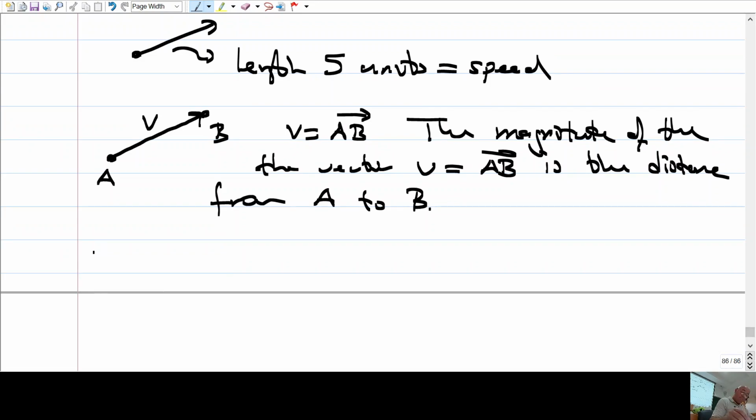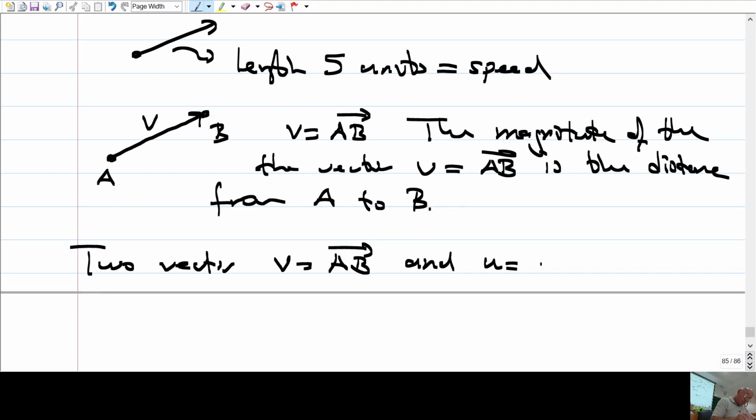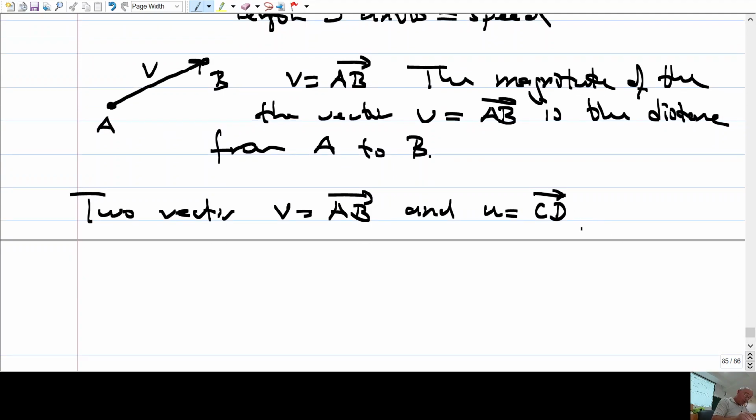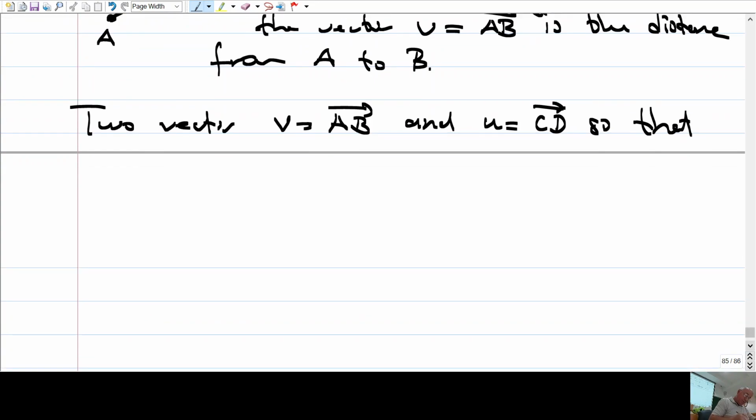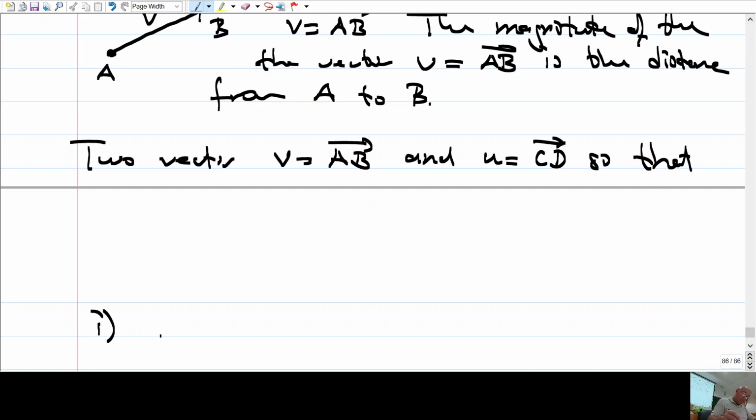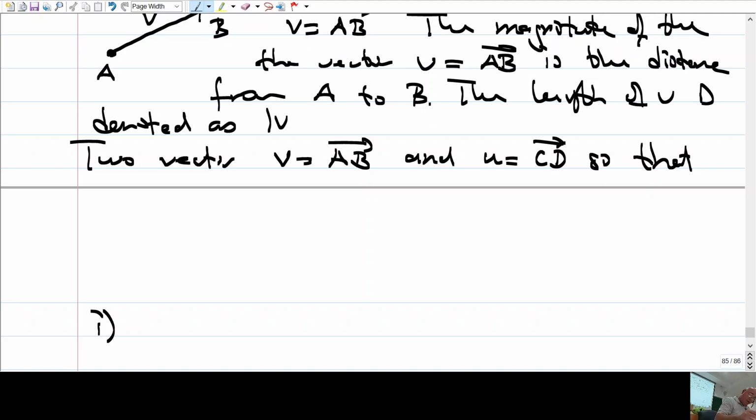First, how will we show the length? Let me write that as well. The length of V is denoted like this: the length of V, or the distance from A to B, okay?